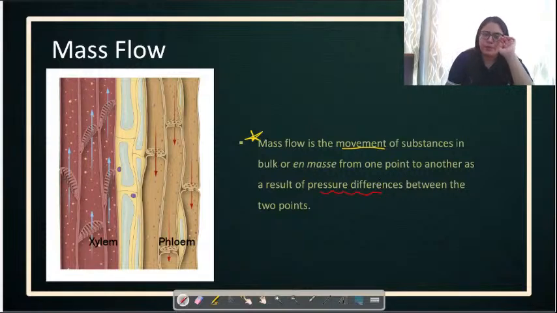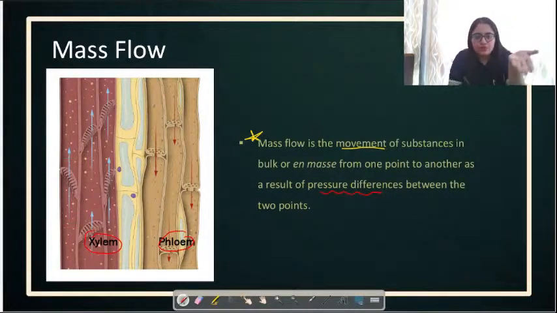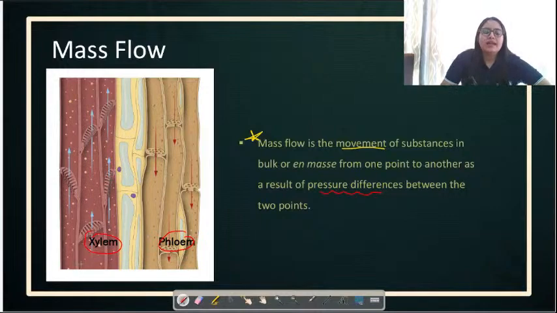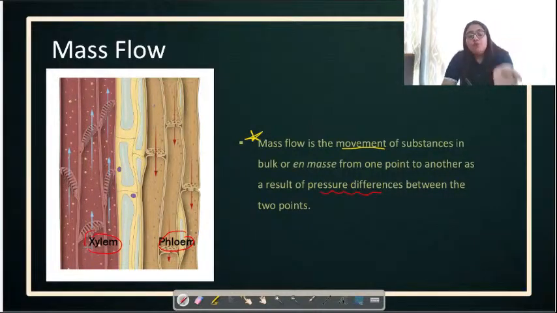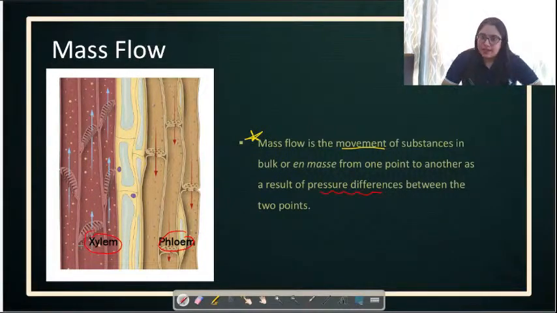So for example, as you can see, this is xylem and this is phloem. Now you can see these blue arrows are going up. So in xylem, the water and minerals are transported from root to the leaf, right?